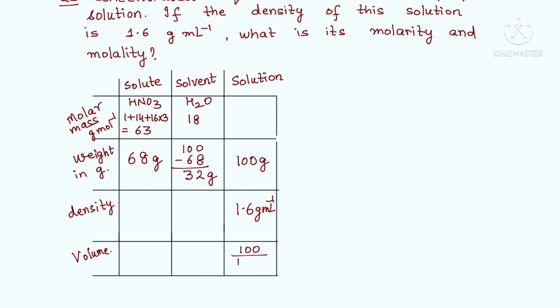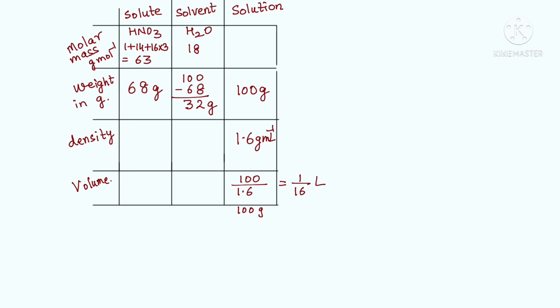And by the way, there's nothing wrong with this method because I am showing all the steps of my working. What I'm going to do is leave it as 1 by 16 liters. How did I get liters? Because you had 100 grams and you are dividing it by 1.6 gram per milliliter, right?